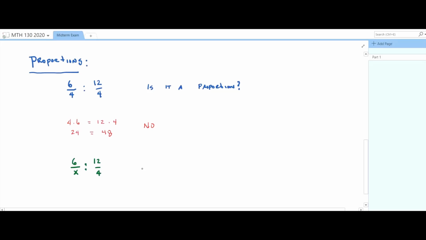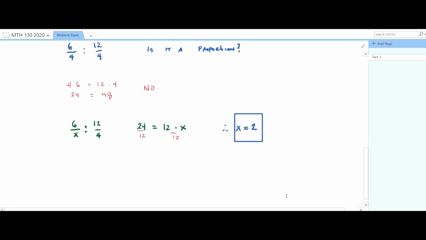So to find out what x should be here, we would just multiply the 4 times the 6, and we're going to get 24, and then set that equal to the other side, 12 times x. So now at this point, it's just algebra here. So I divide this by 12, divide this by 12. So therefore, x must be equal to 2 here. So I might have you solve something like that too. So that's our proportions.